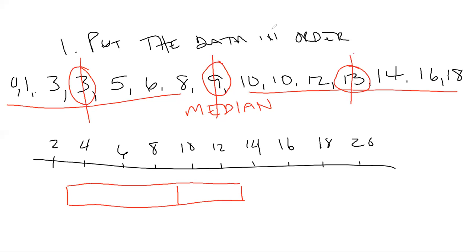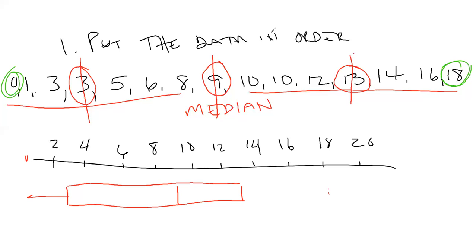So there's the box part. The whiskers come from the smallest number and the largest number. So there's the smallest number, and there's my largest number. I'm going to use 0, which would be right here. Put a little dot there, and then draw your whisker.